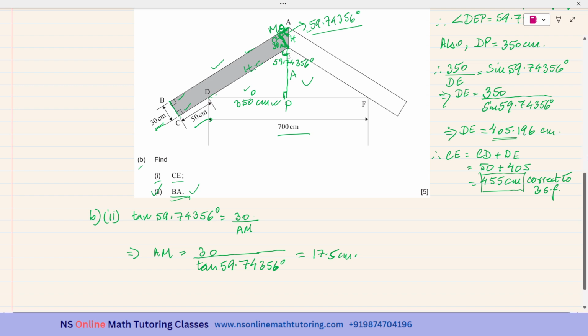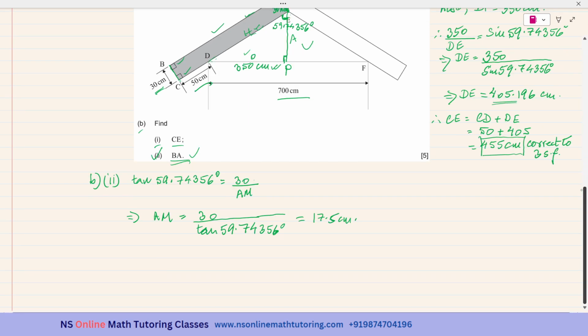Okay. So therefore, BA is equal to BM plus AM, equal to BM is equal to CE, which is 455 plus 17.5. BM is equal to CE.